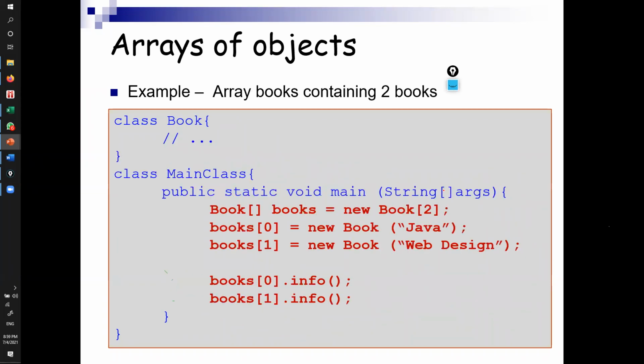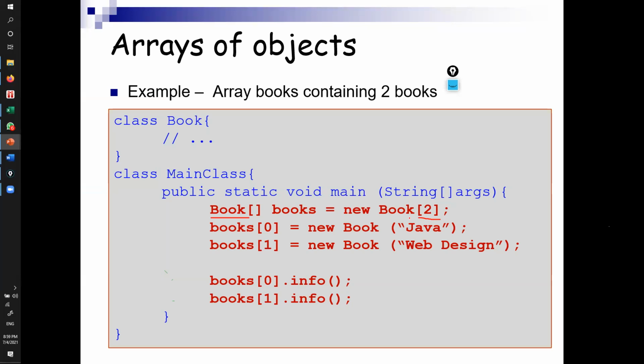All right. So you can even have an array of objects. What does that mean? Like you have a class called student, for example, or called book. So you can have a collection of books. If I do this one, I'm creating two instances of the book.